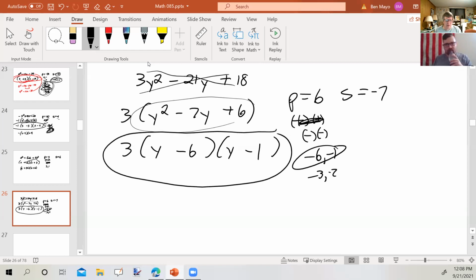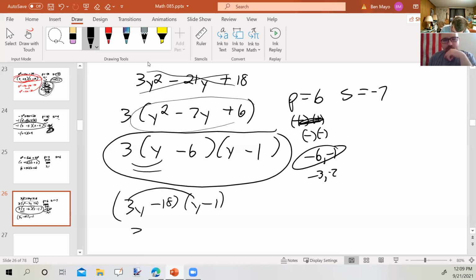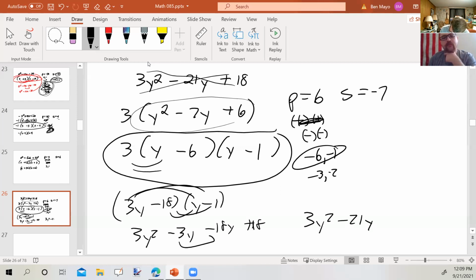Now, how would you check your work on that? You could do it a couple of different ways. You can multiply in any order there. So I could take the 3 and distribute it and get 3y minus 18, and then take that times y minus 1 and get 3y squared minus 3y minus 18y plus 18. Combining like terms, 3y squared minus 21y plus 18.